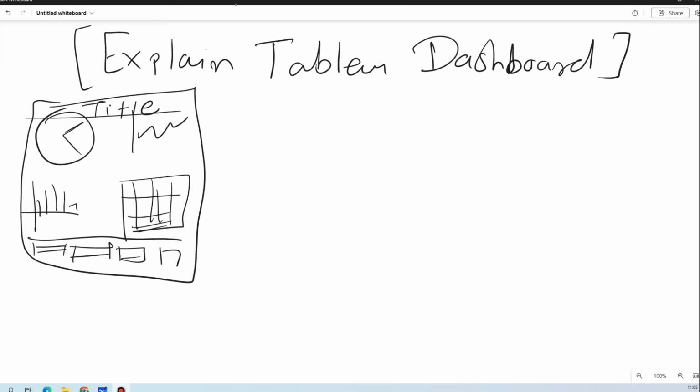Once you are done with your project, you have to record your screen and try to explain all these charts, and the calculations behind these charts: what exactly this line graph is presenting, what this bar graph is presenting, what this tabular data is showing, what these filters stand for. You have to explain it to yourself basically.